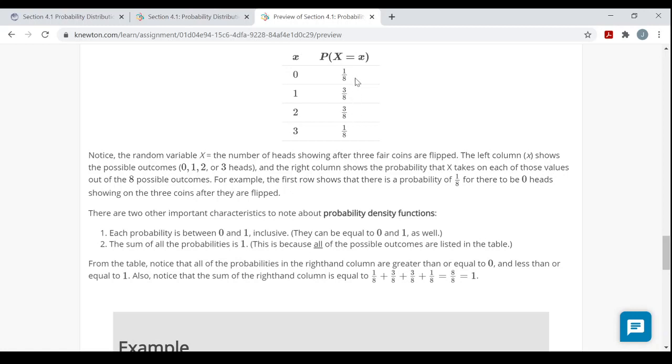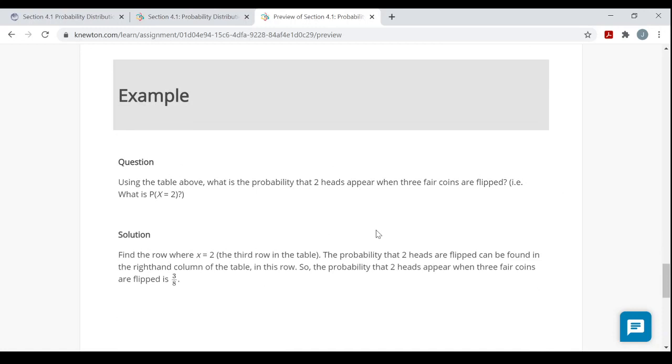Let's check it out. 1/8 plus 3/8 plus 3/8 plus 1/8 would be 8/8, as they're shown here, which is equal to 1. If this does not happen, then you do not have a proper probability density function. So all the probabilities should be from 0 to 1, and the sum of all the probabilities should be equal to 1.